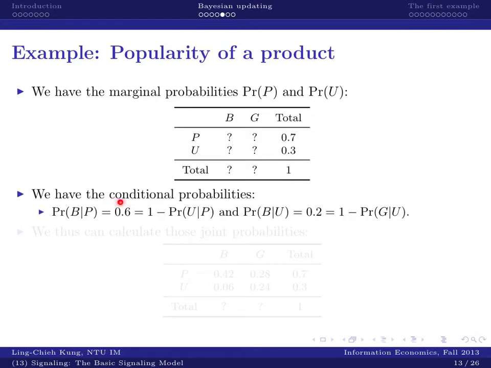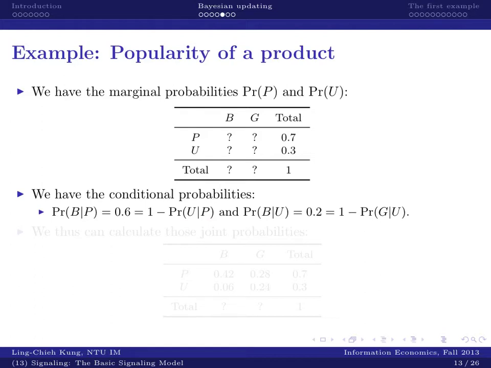So we also have those conditional probabilities, right? I know if the product is popular, then the probability for one to buy it would be 60%. This will be 1 minus the probability for the consumer not buying it. Or we should say that if the product is popular, with only 40% the consumer will not buy it.